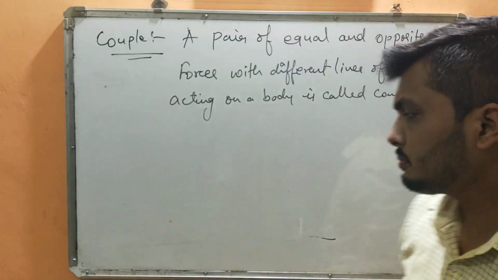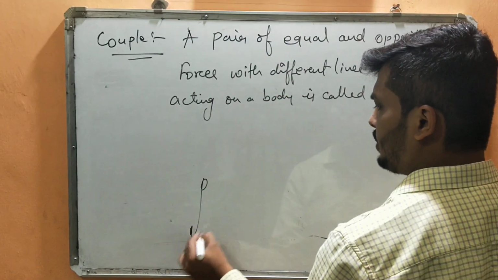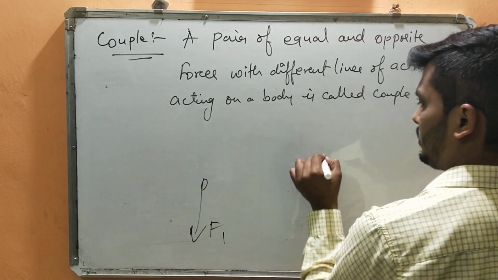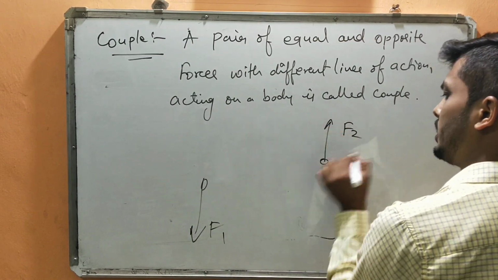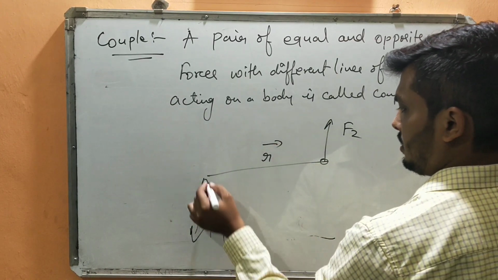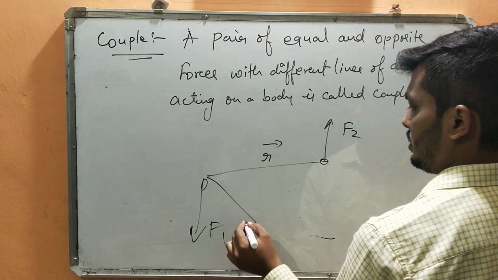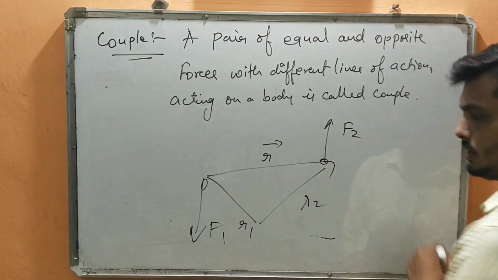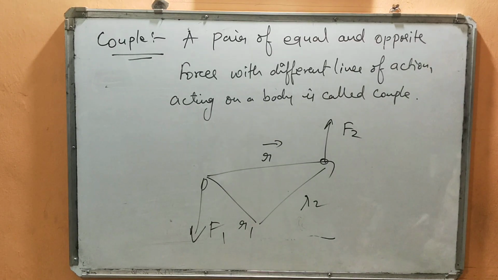Have you understood? Usually they show couple this way. If there is one more force F1 here and one more force F2 here, then the resultant is given by this. Usually they show R1 of this and R2 of this. Got it?